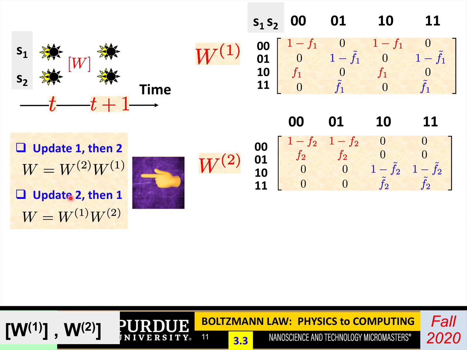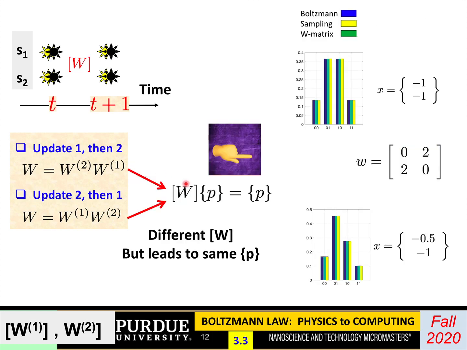Or if you update 2 first, then that's the one on the right, and then W1. And this product then is the new W matrix, and if you then find the eigenvector with eigenvalue equal to 1, you'll get results that will match the Boltzmann result and the sampling result very nicely.